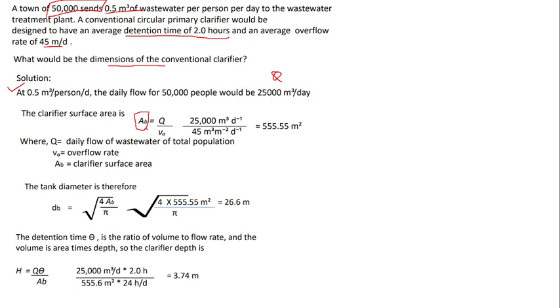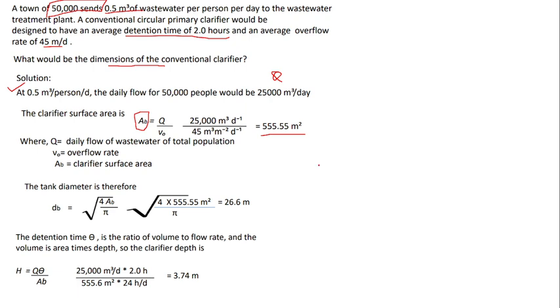The surface area of the clarifier is given by Q divided by V naught, where V naught is the overflow rate, 45 meter per day. Substituting, you will obtain 555.55 meter square as the surface area.